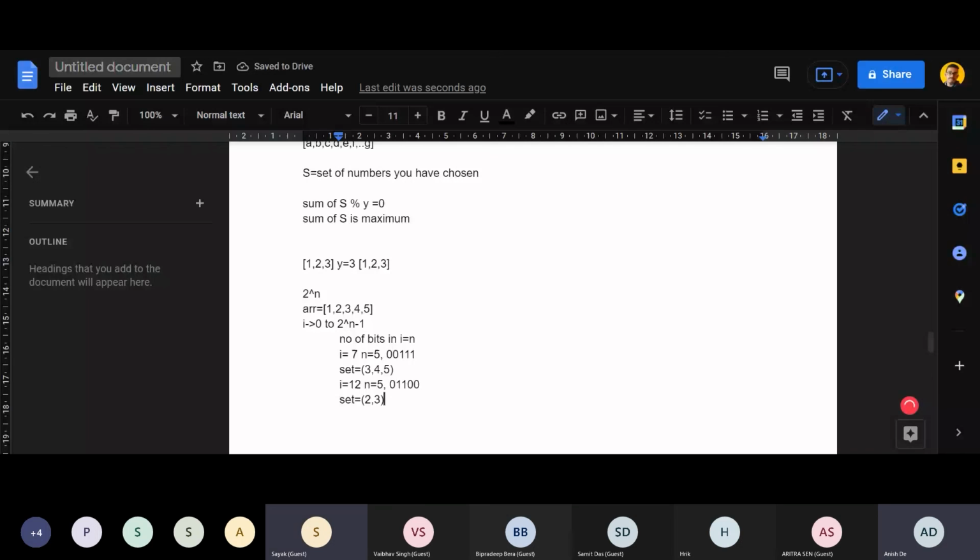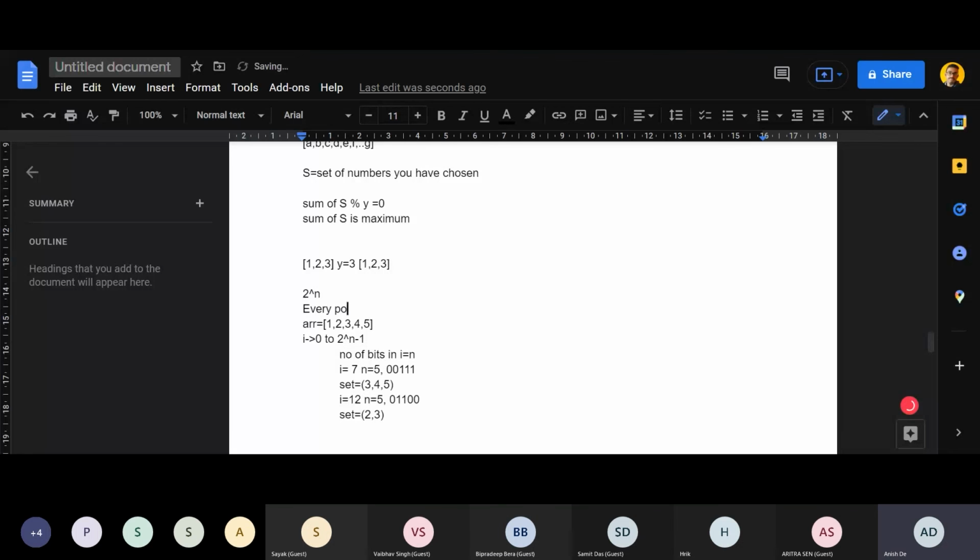So like this we will generate every possible subset. For every possible subset there will be a binary representation from 0 to 2 to the power n minus 1. Is this part clear, what I told just now?